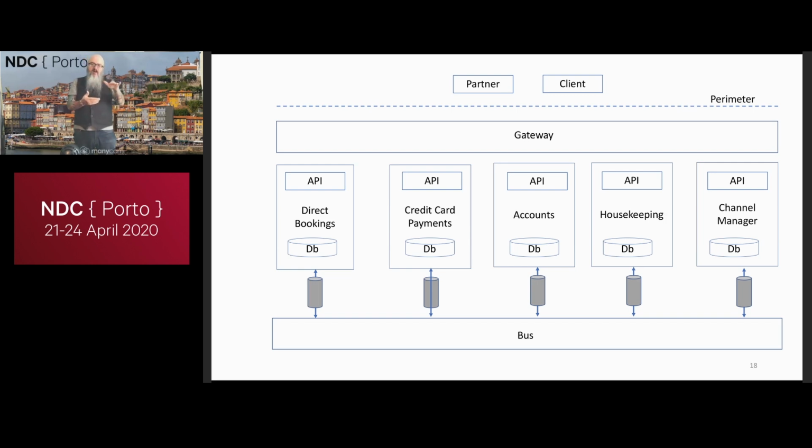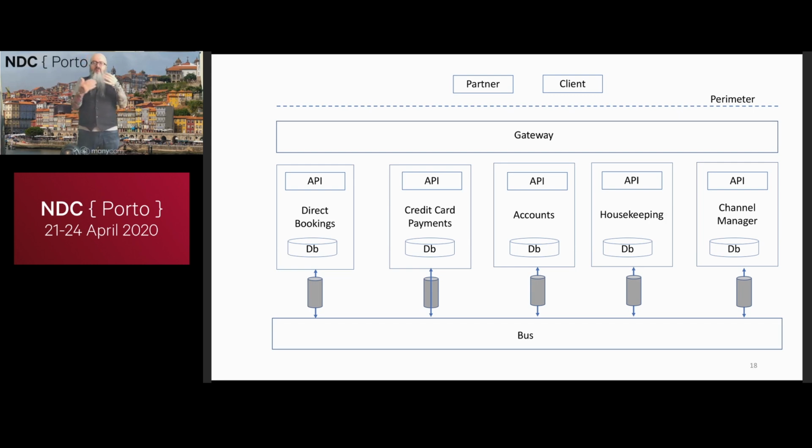You can see we've got a bus down the bottom. So our microservices tend to be integrated by an asynchronous communication protocol using some kind of messaging transport. So Kafka, RabbitMQ, SQS and SNS, Azure Service Bus, whatever your flavor of choice is. My individual services essentially listen for events on the bus.